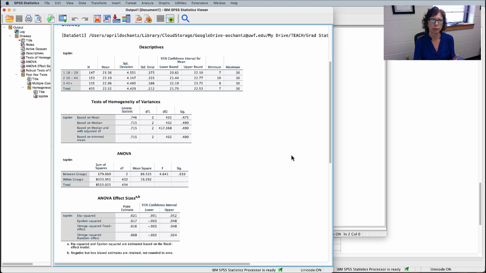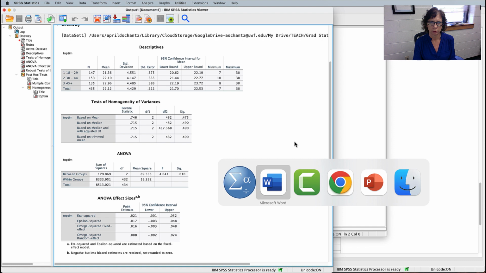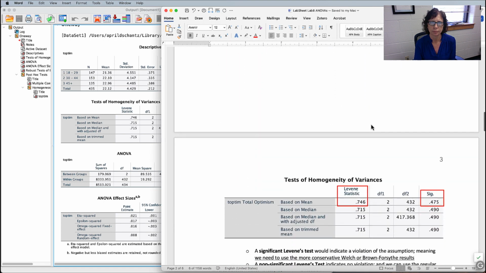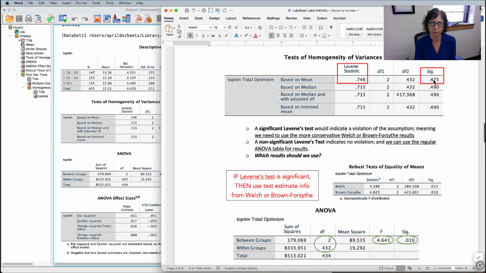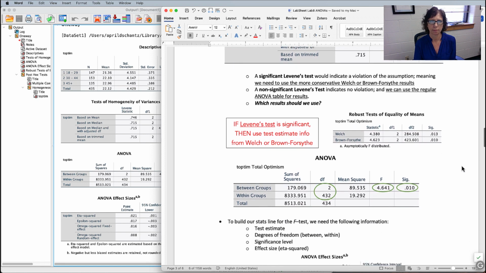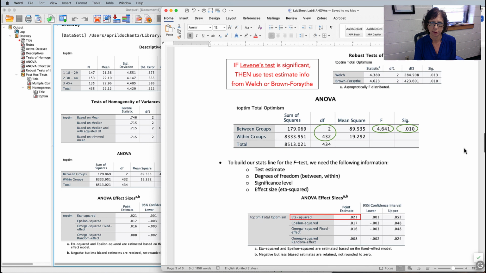What we also want to look at is how does this translate into interpreting and doing our write-up. So I'm going to move back to our write-up here. This is what we went through looking at the output. We only need to use Welch and Brown-Forsythe if Levene's test is significant.